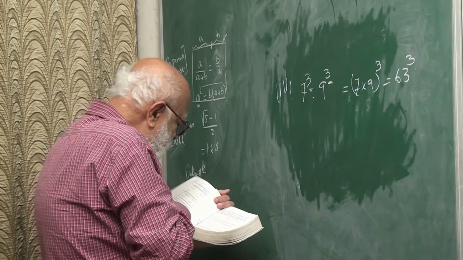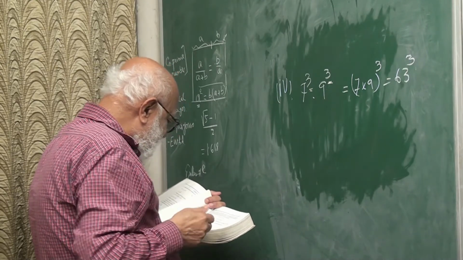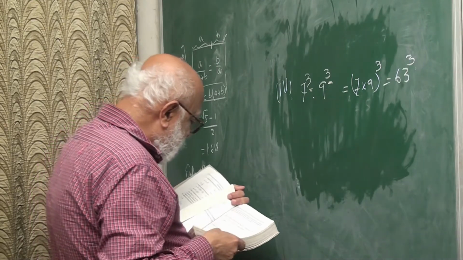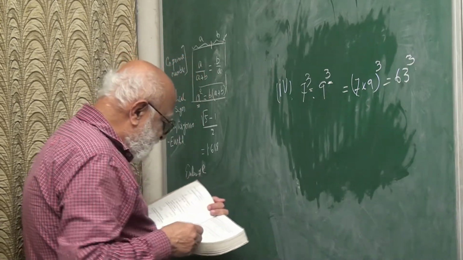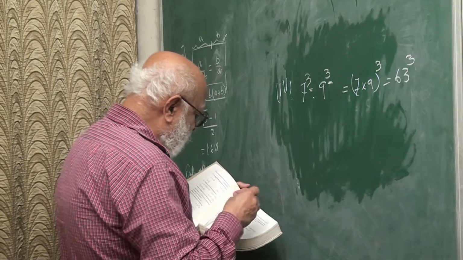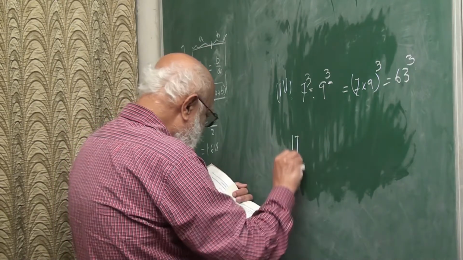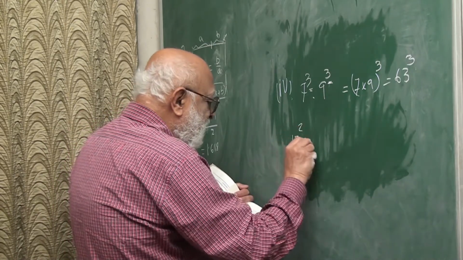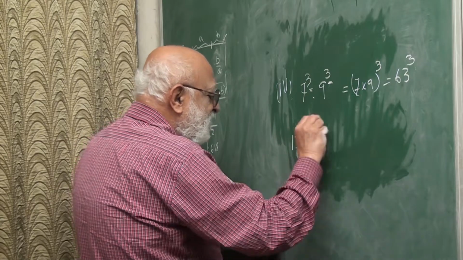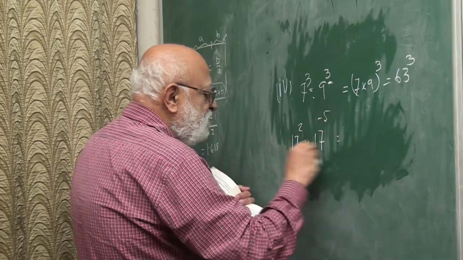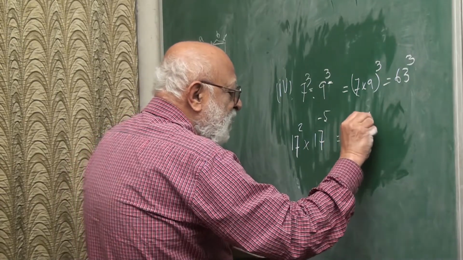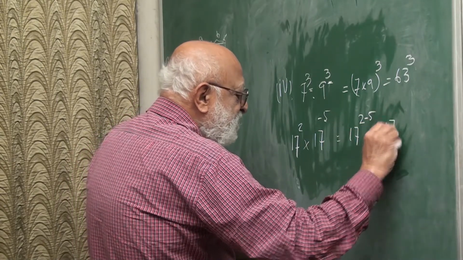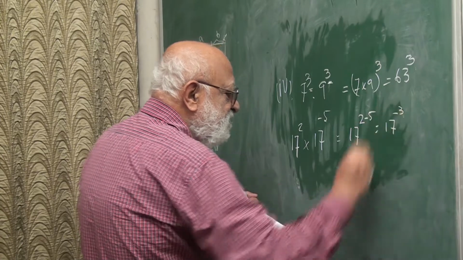Let us do certain things again, same things given differently. Okay, so another example: 17 to the power 2 into 17 to the power minus 5. So the base remains the same, 17, and 2 minus 5, so 17 to the power minus 3.